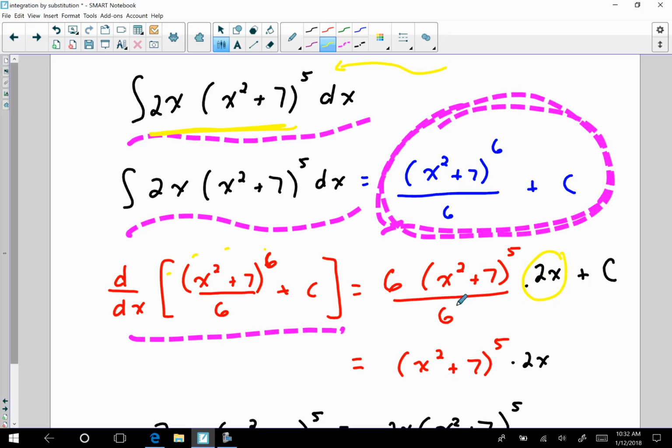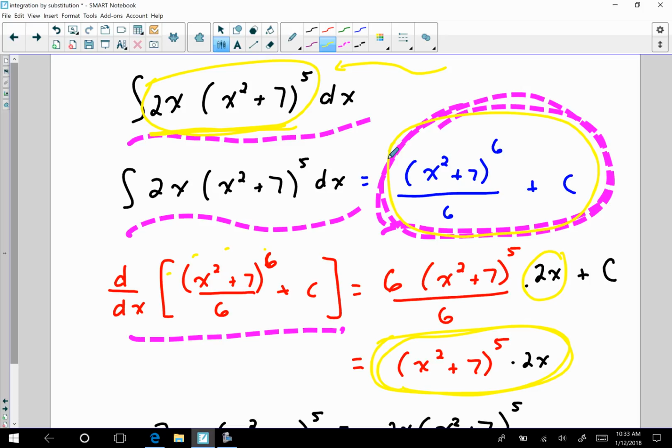And these 6's cancel. And so I have x squared plus 7 to the 5th times 2x. The derivative of c is 0. And guess what? This time I was correct in my guess, because I did indeed end up with the integrand. So therefore, for this indefinite integral, I was correct in my guess.